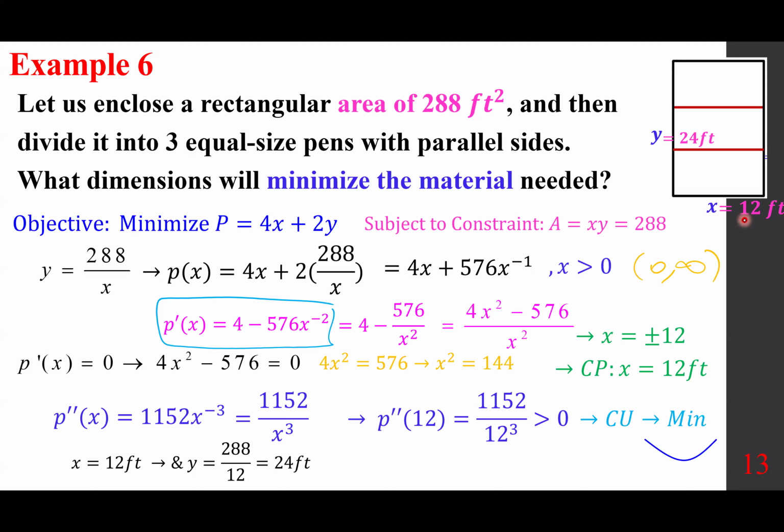What is the minimum material? 4 times x, 4 times 12, plus 2 times 24 is 96 feet. If you plug in, you get 96 feet of material, everybody.